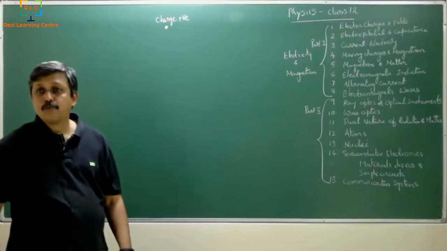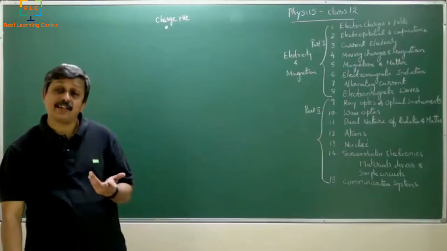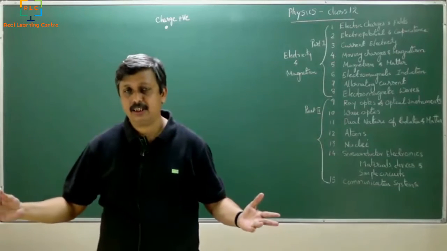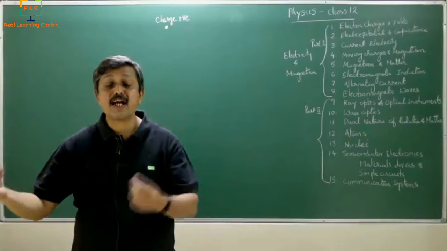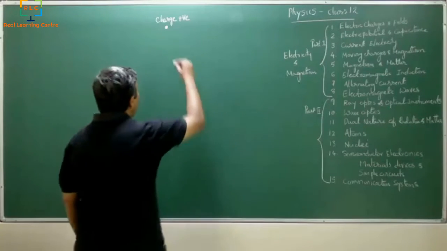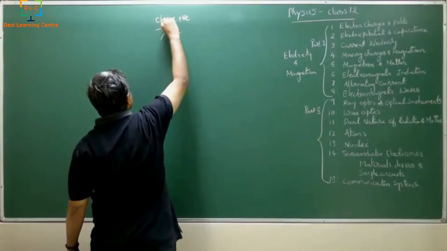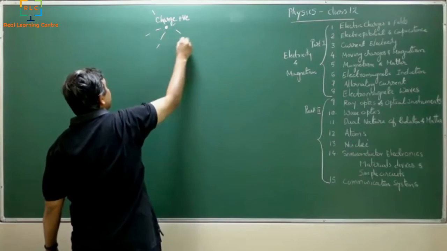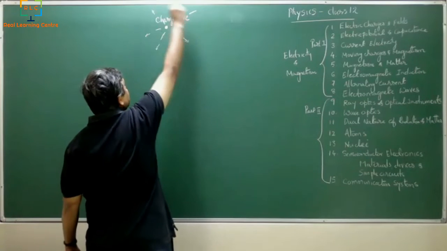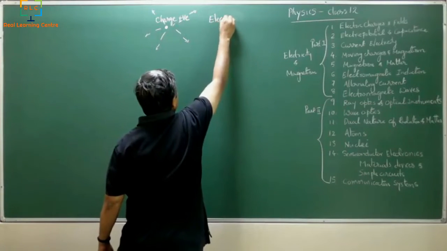The moment you have a charge, the charge has what we call an electric field around it. That is where, if you bring another charge, it experiences a certain force. The field is somewhat like this. This is the field. We call this the electric field.